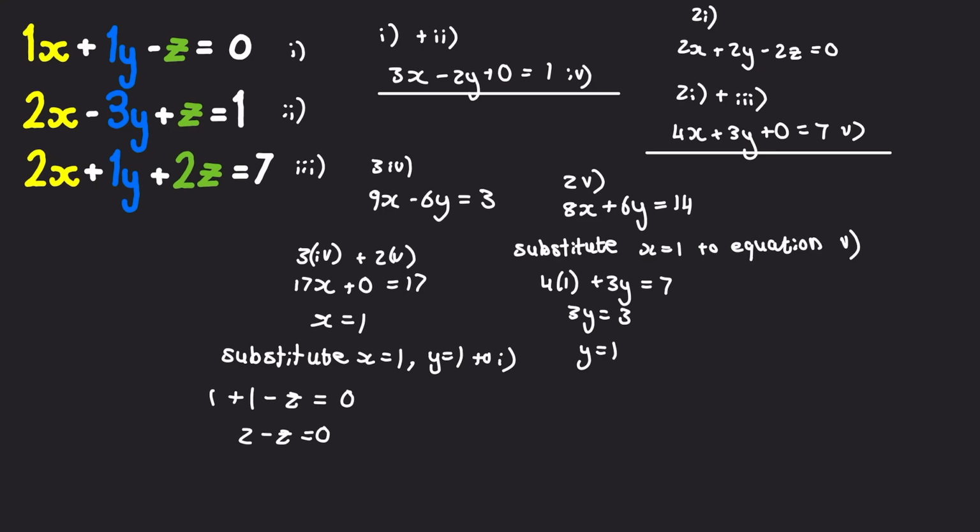If I minus 2 from both sides, we get minus z is equal to minus 2. And if I divide both sides by minus 1, we can say z is equal to positive 2. And so I get my solution set: x is equal to 1, y is equal to 1, z equals 2.